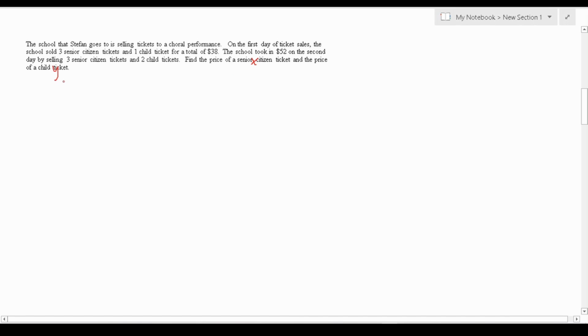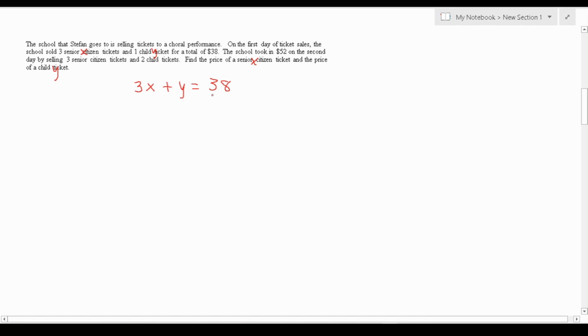And if we go back into the question, we can see they sold 3 senior citizen tickets, that's x, and 1 child ticket, y, for a total price of $38. So that looks like this in terms of an equation: 3x + y = 38.